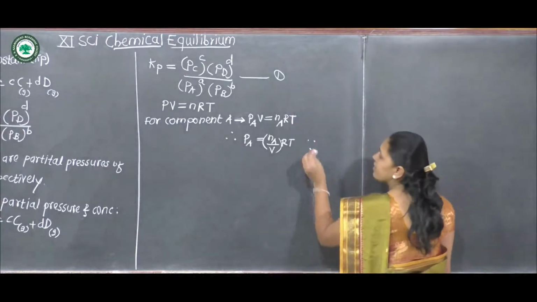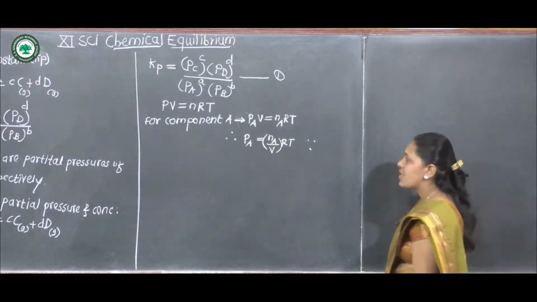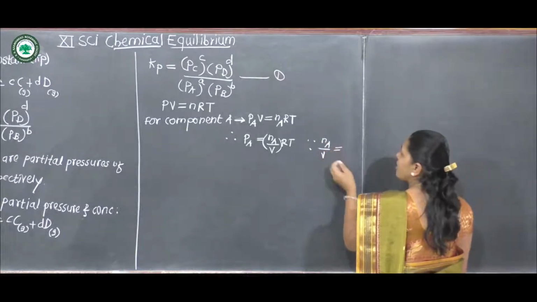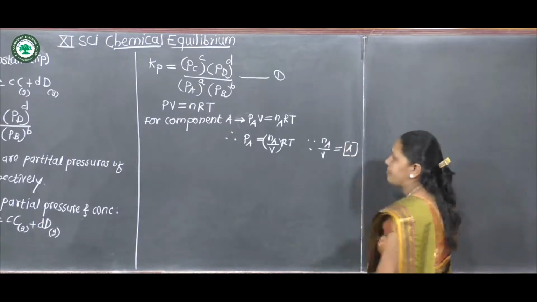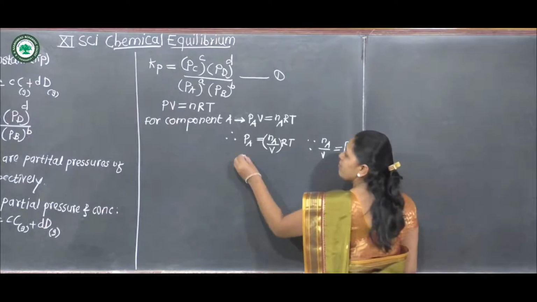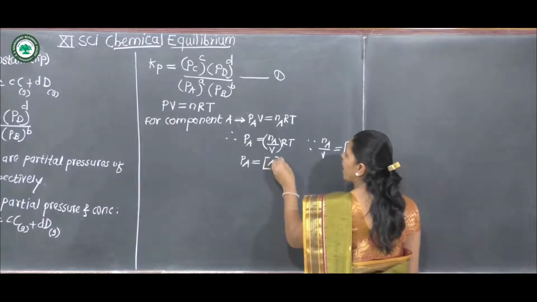But we know that number of moles divided by volume is nothing but concentration. nA upon V is nothing but concentration of A. By substituting this value in this equation, PA is equal to concentration of A into RT.